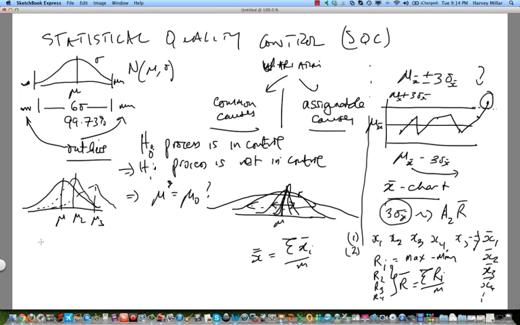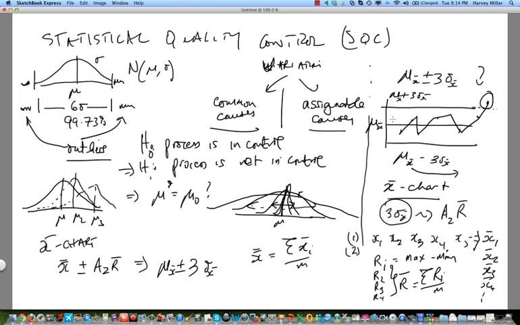So now our x bar chart is calculated as follows: x double bar plus or minus A2 R bar. That is our estimate of mu x bar plus or minus 3 sigma x bar. And we use that to get our limits from sample data.